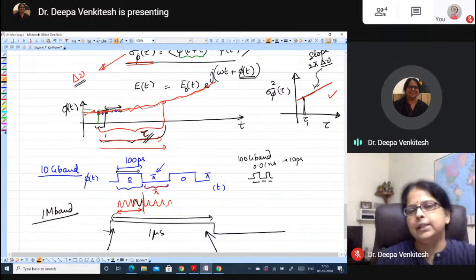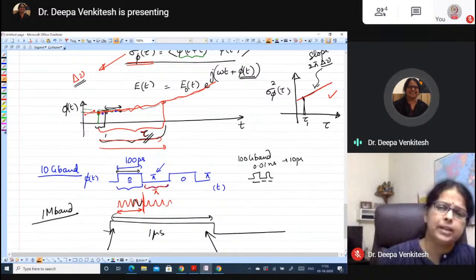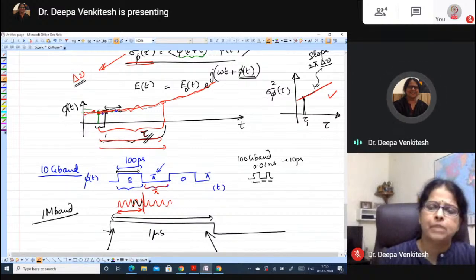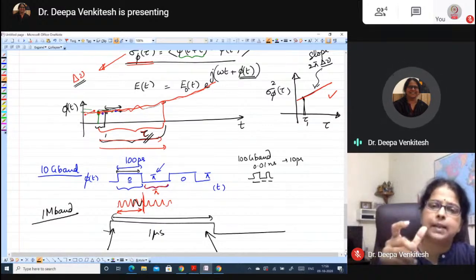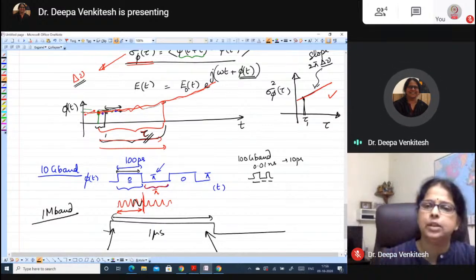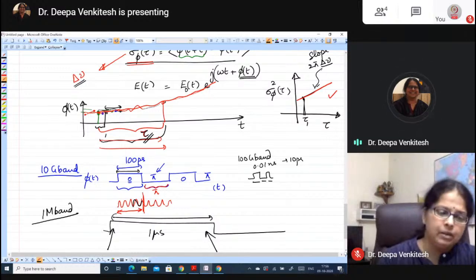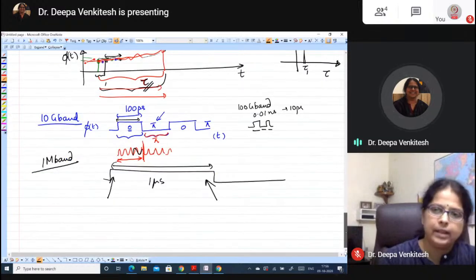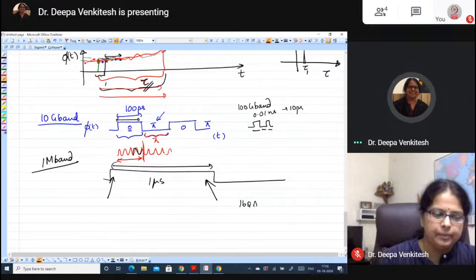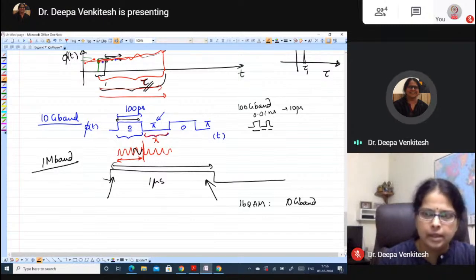So you know that if it is a Nyquist sampling, bandwidth, twice the sampling frequency is what you would look at. Now let's take, I'll probably do it for one case. 16 QAM at 10 gigabaud, right?